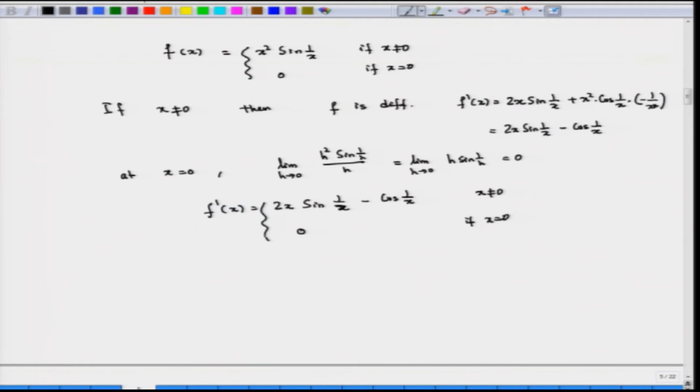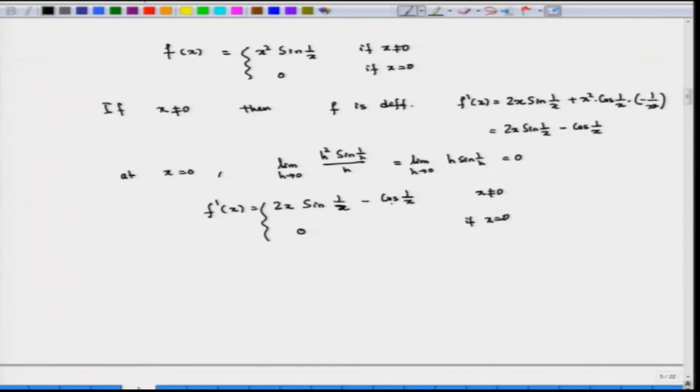And as you can see, at 0 this function f prime, which is defined everywhere, is not continuous, because in cos 1 over x, the first part goes to 0, and in the second part cos 1 over x oscillates so much that it will not have a limit as x goes to 0.